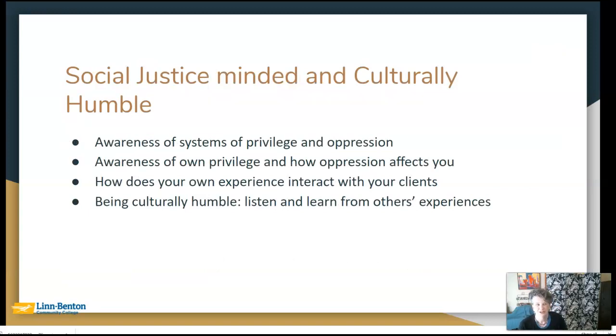We are social justice minded and culturally humble. That means we're aware of systems of privilege and oppression. Certainly the Black Lives Matter movement that we've all become more aware of helps us understand that, but there are multiple systems of privilege and oppression that we are aware of and will learn about.